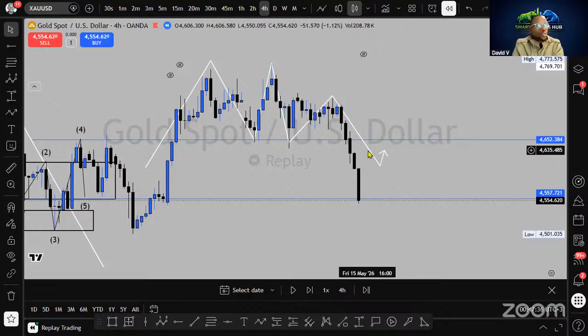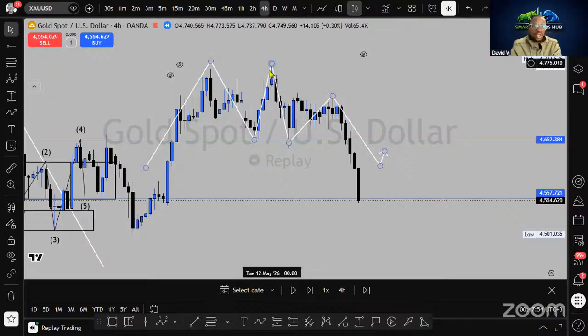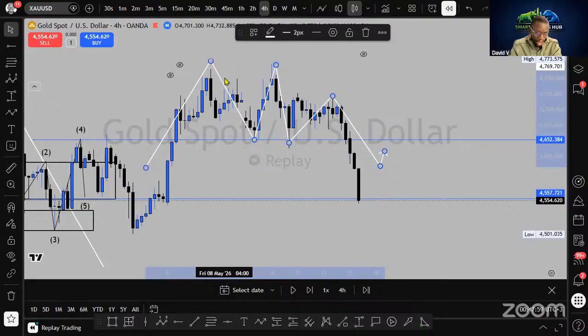I spot it once in a while in any pair, and that's why nilikuja na drawing that trend line so that I get a good confirmation. Otherwise, if I don't see it doing that, I don't call it a head and shoulder. Some people can just say this is my head and this was my shoulder. Literally, if you look, you can say yes, true.